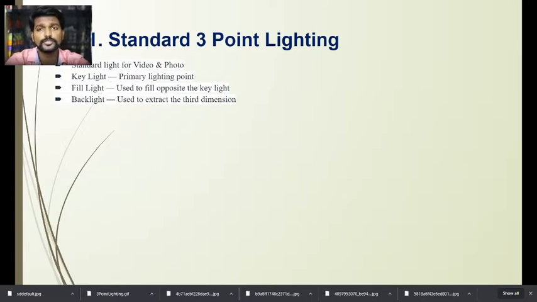In this standard 3-point lighting, we use key light, fill light, and backlight. The backlight is not for the background. This backlight is completely for the subject. These three lightings are given only to the subject. Background light is different, so don't confuse background light and backlight.